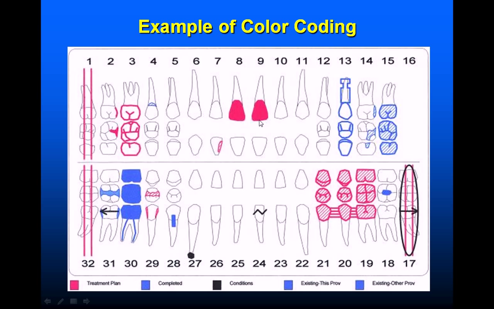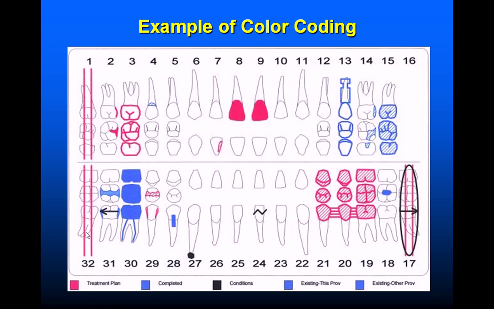Remember, red indicates treatment that needs to be done. A few other things that you can see on tooth number 30, you can see a root canal and a crown on the tooth. It's charted in blue, so we know this is existing.